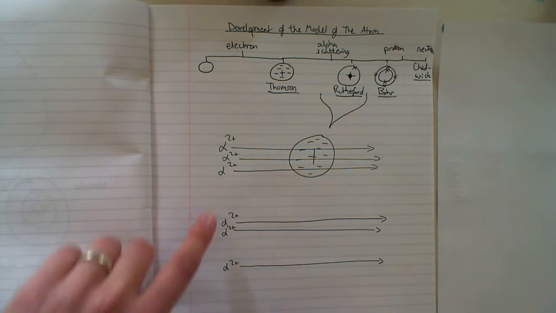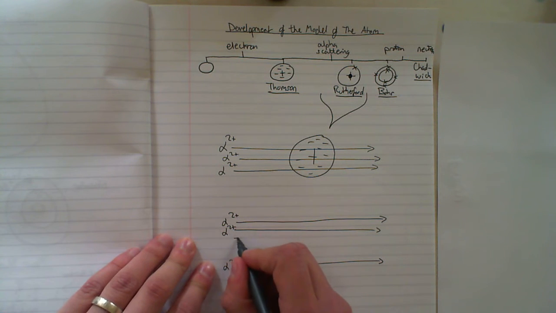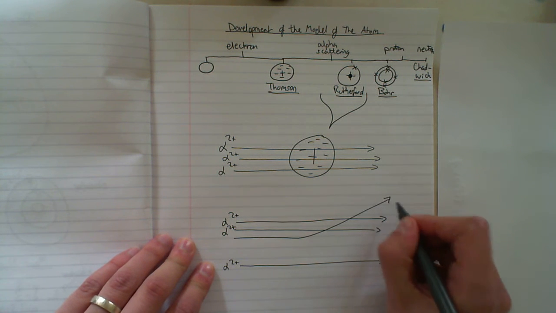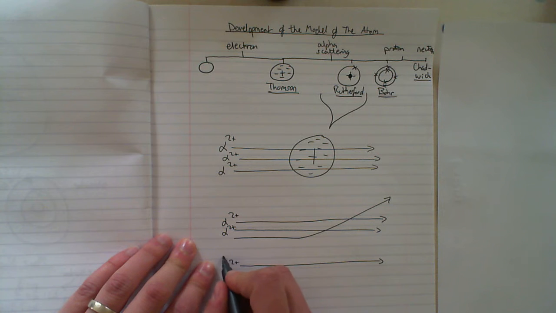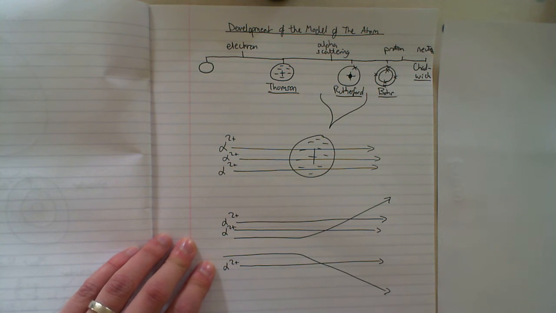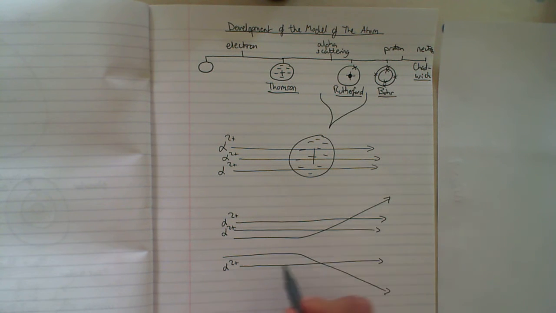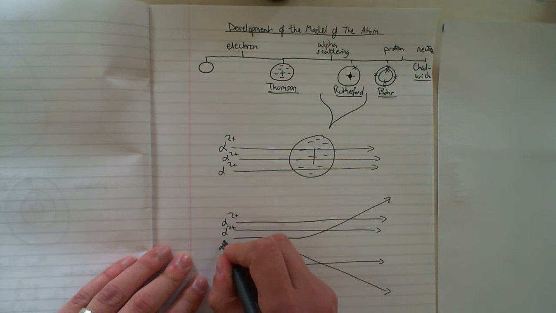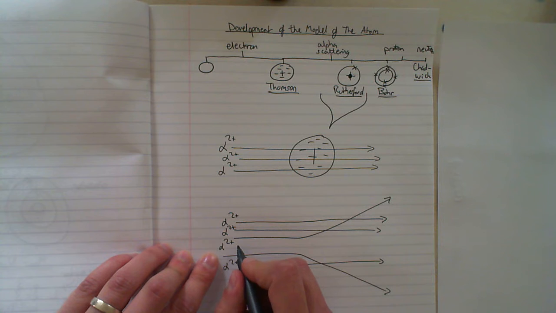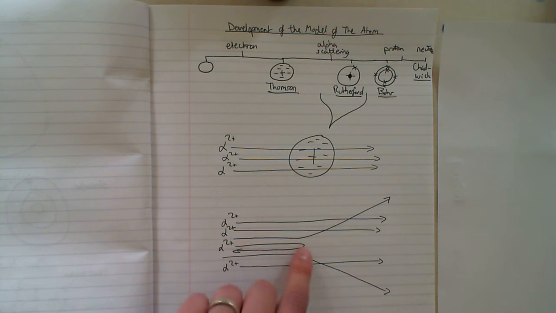But what showed that the plum pudding must be wrong was that some of the alpha was deflected. And an absolutely tiny amount of the alpha radiation was deflected through a large angle, straight back where it came from.